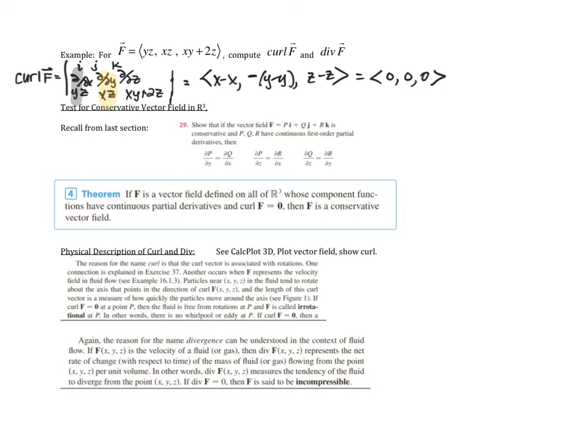Now, by the way, we found out in the last section that if P_y and Q_x are equal, which we called mixed partials, then in 2 dimensions your vector field is conservative. I pointed out a homework problem saying that when we extend to a vector field of 3 variables, if each of these 3 pairs are equal, then the vector field is conservative.